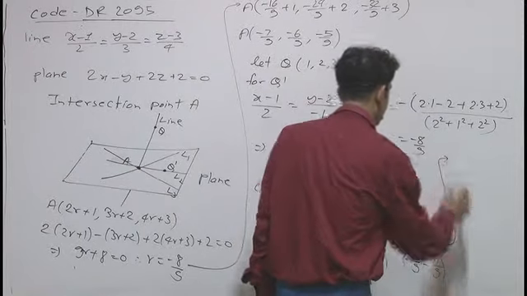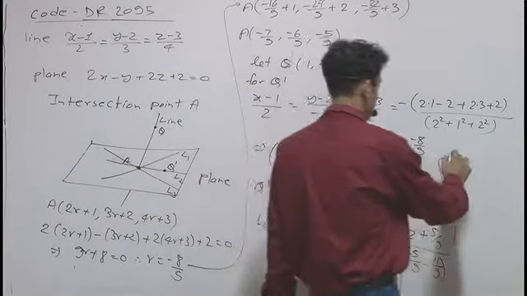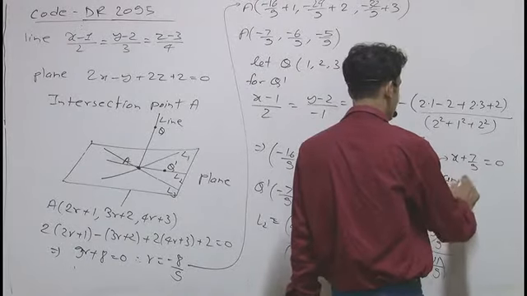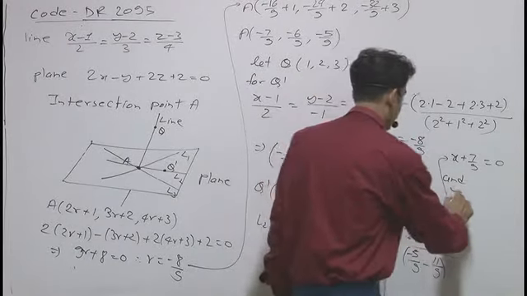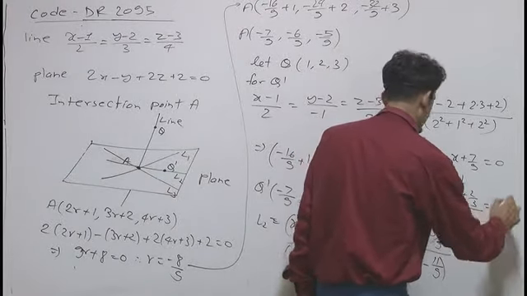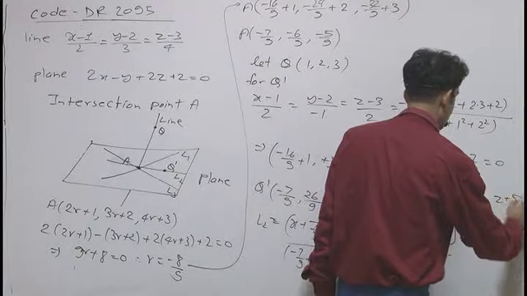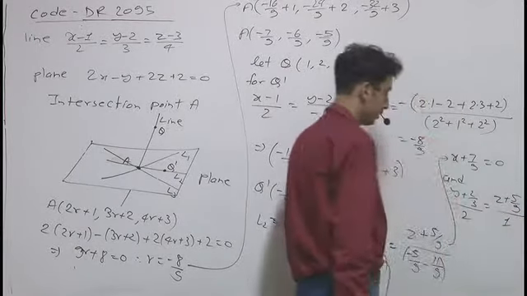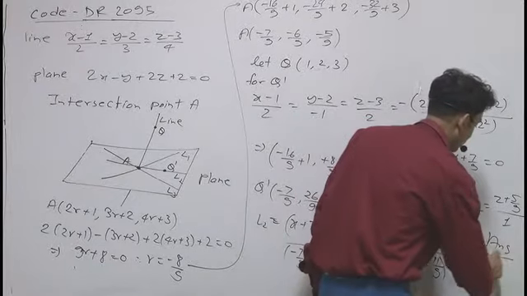So this line can be written as x plus 7 by 9 equal to 0 and y plus 2 by 3 upon 2 equal to z plus 5 by 9 upon 1. So this is the required answer of our question.